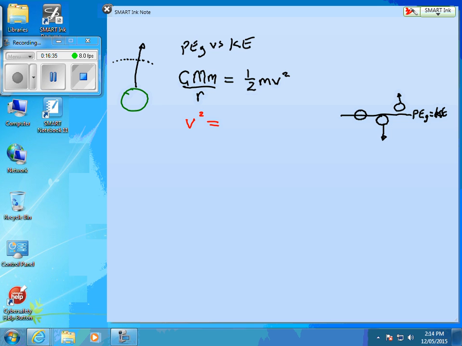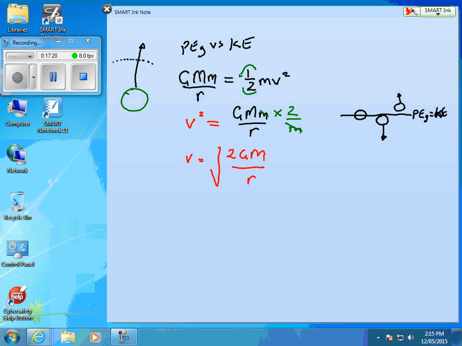So it goes on the left-hand side, which means I'm going to have the original equation, GMm on r, and to get rid of this half, I need to multiply by 2, and then I'm going to divide by m, which means that m and that m will now cancel, which means that I now have v equals the square root of 2GM on r. That's our escape velocity.